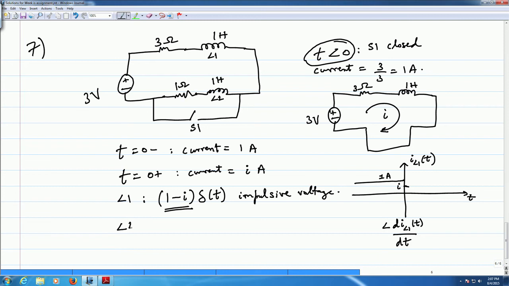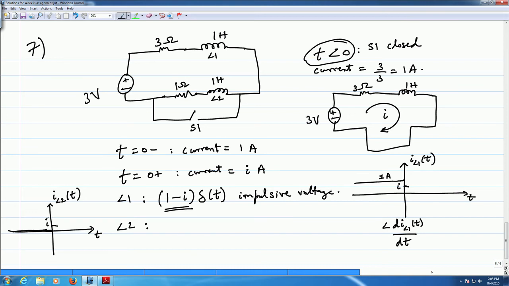Now, on the other hand, if you look at L2, L2 has 0 current flowing through it for t equal to 0 minus, and at 0 plus it has a current I flowing through it.